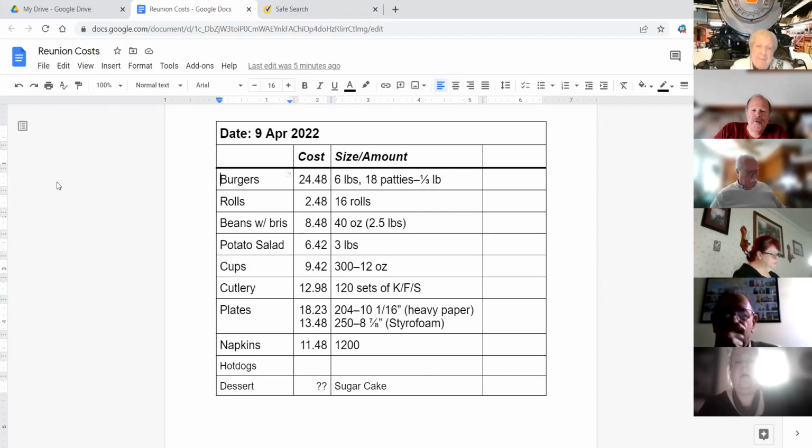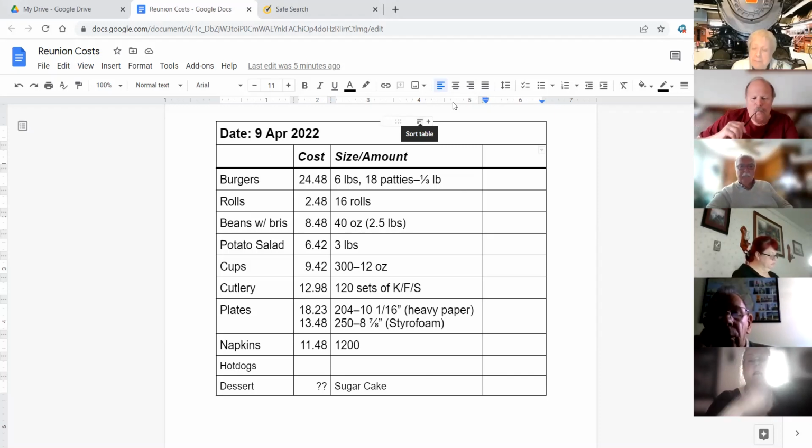And what I'm thinking I would like to do, if you can, because I see you're editing it as you go along, is make the column on the right be what the cost would be for about 50 people. So if we figure we're going to get 36 patties, that'll be $50.